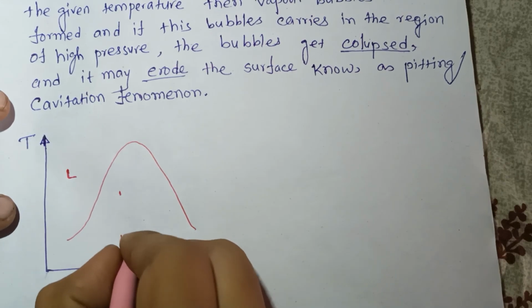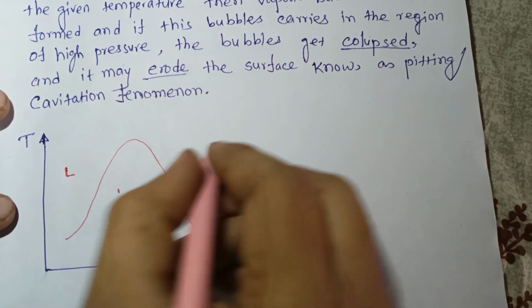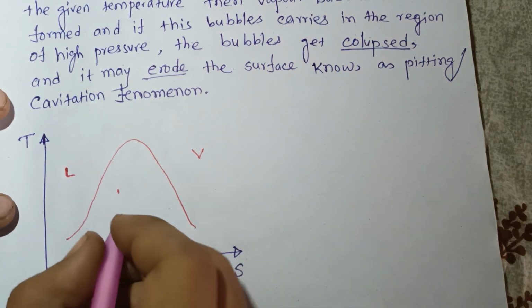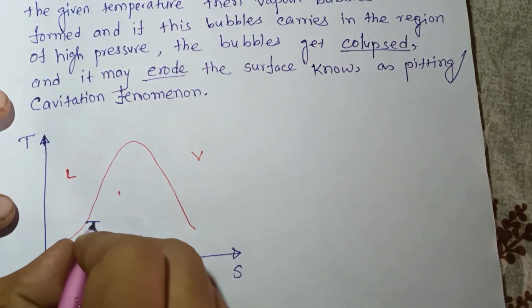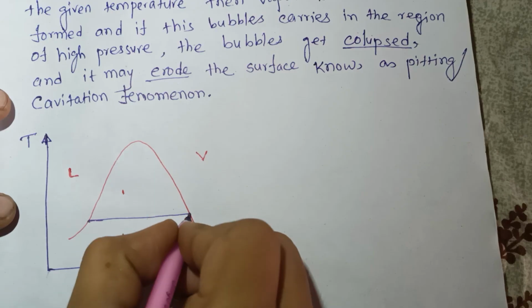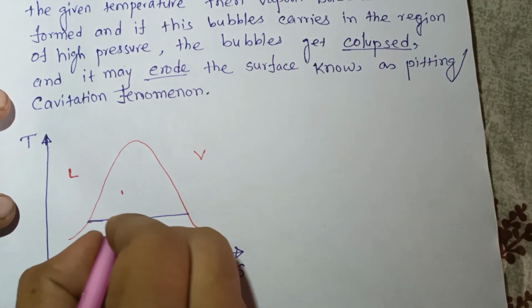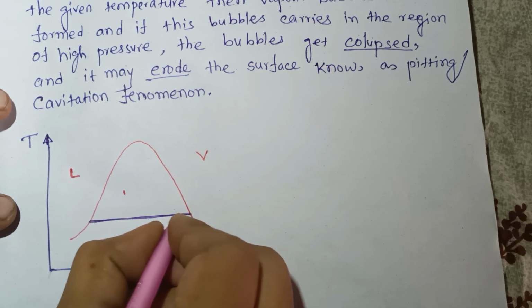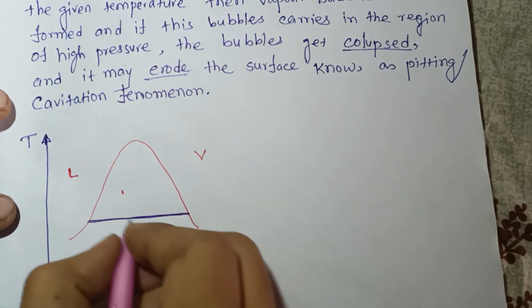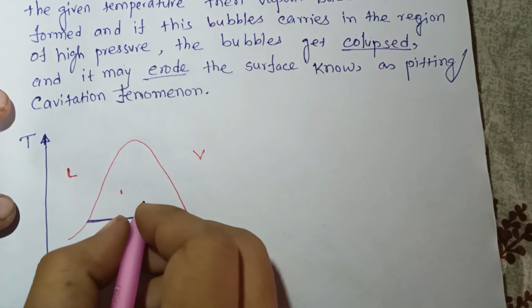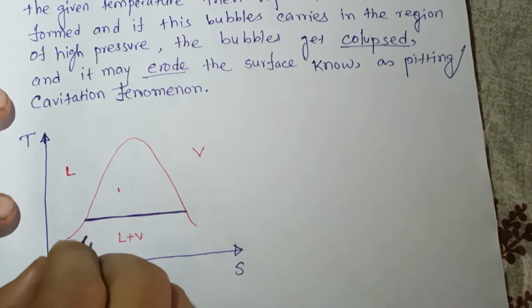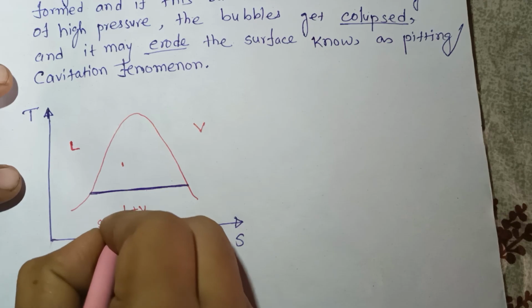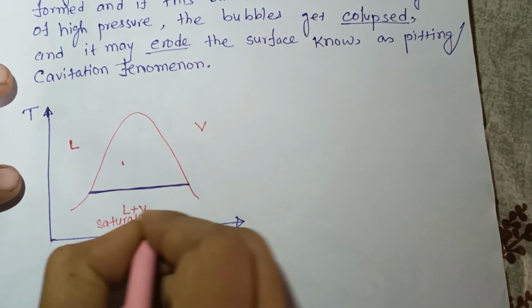So this is the liquid plus vapor region, and this is the vapor region. Okay, so here suppose at a given pressure, this is the pressure line in the saturated zone. So this zone is known as saturated condition or saturated zone.